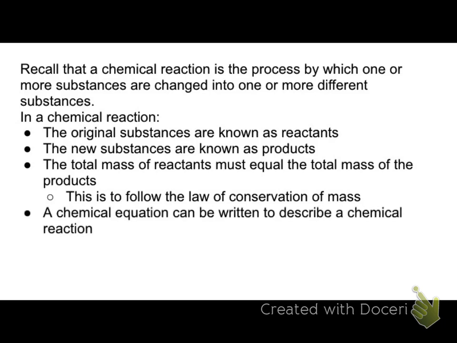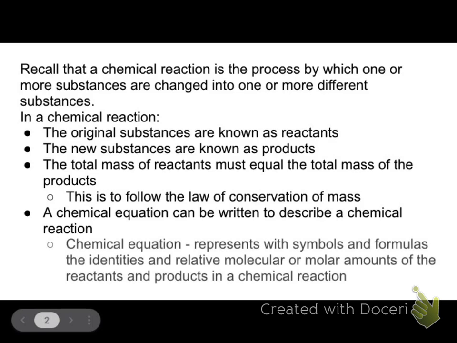A chemical equation can be written to describe a chemical reaction. Our definition, therefore, for chemical equation is something that represents, with symbols and formulas, the identities and the relative molecular or molar amounts of the reactants and products in a chemical reaction.